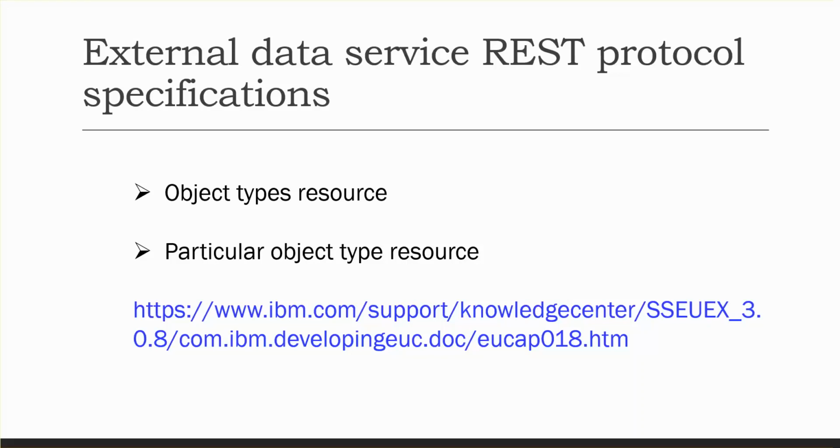It uses the get method to get a list of object types for the external data service. The particular object types resources represents the properties for which property value are obtained from an external data service.